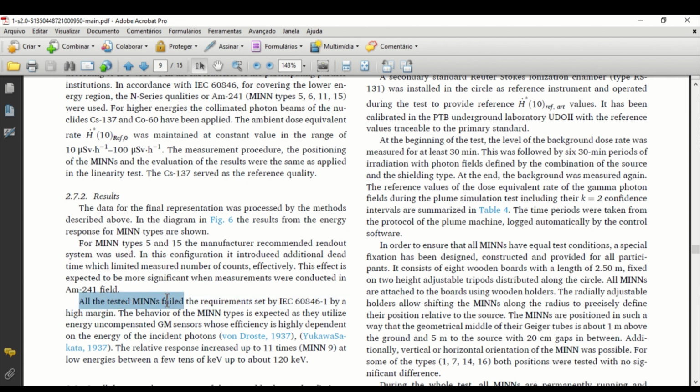All the tested MINs failed the requirement set by IEC 60846, Part 1, by a high margin. The behavior of the MIN types is expected as they utilize energy-uncompensated GM sensors.